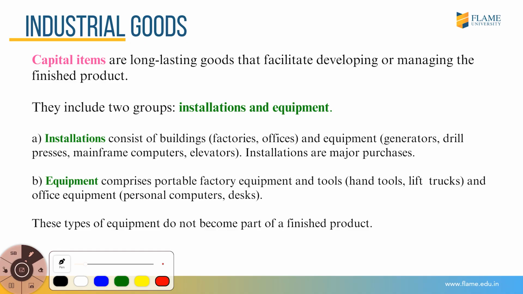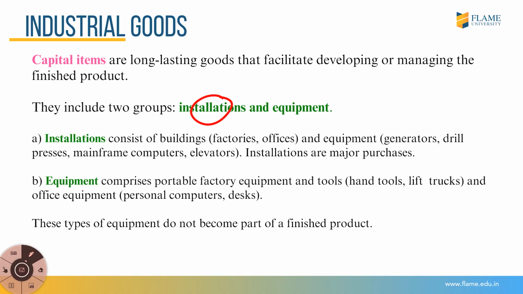The buildings, the lines, the actuators, whatever we talk about are capital items. They are long-lasting goods that facilitate developing or managing the finished product. And these are divided into two parts. One is installations, like the building. When we talk about the building, the entire factory is an installation.